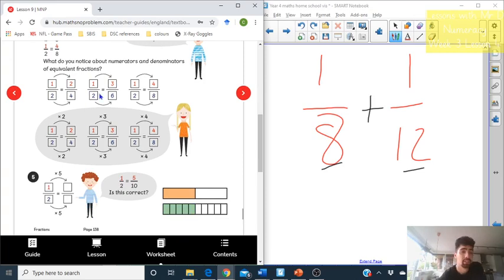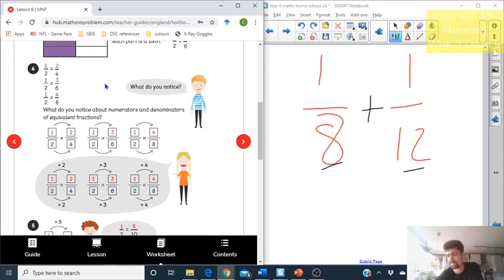Well, you should notice, and this is a common rule that you will hear throughout your life of fractions, that if we want to keep things the same, we've got to do the same thing to the top number as we do to the bottom number. So here, to get from 1 to 2, I've timesed it by 2.